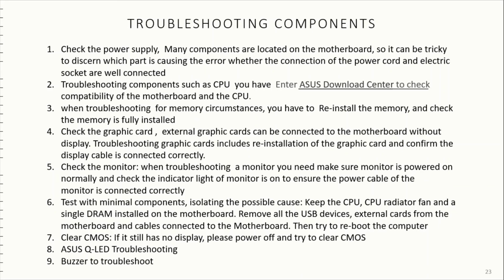Number five, check the monitor. When troubleshooting a monitor, you need to make sure the monitor is powered on normally, and check the indicator light of the monitor is on to ensure that the power cable of the monitor is connected correctly.